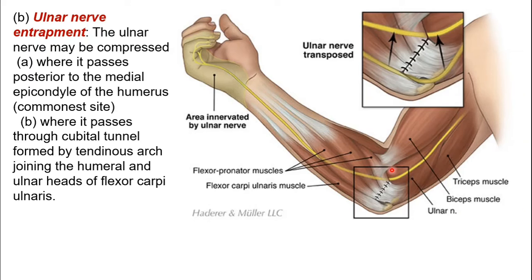In the cubital tunnel, there is a tendinous arch joining the humeral and ulnar heads of the flexor carpi ulnaris. This is the flexor carpi ulnaris, and this is the flexor pronator. So the nerve can be compressed between two muscles when atrophy of these muscles occurs.